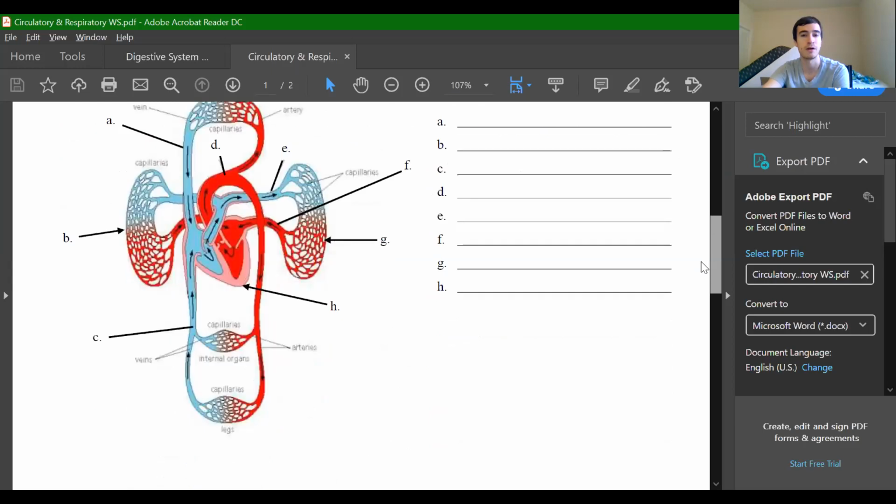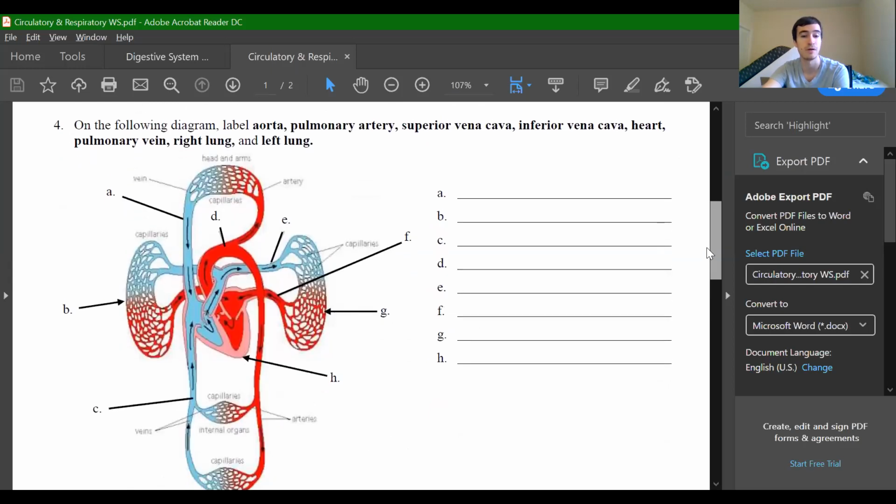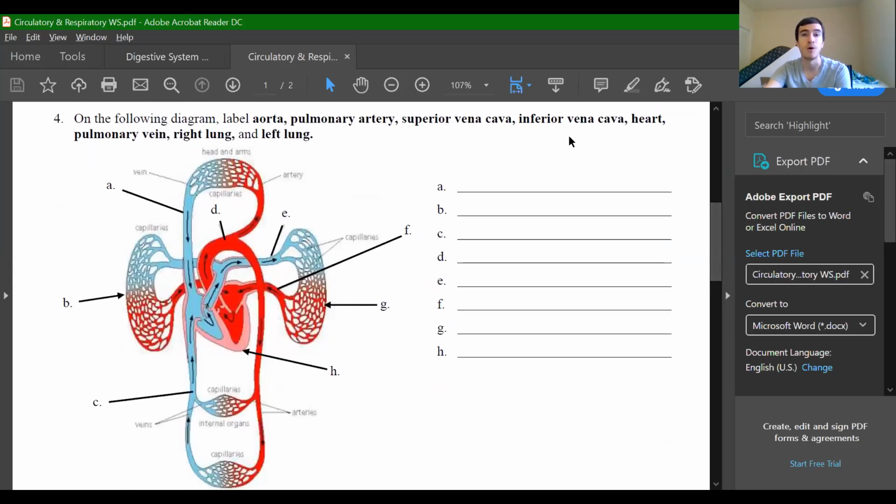The second part of this worksheet is another set of labeling, only this time it's asking you to label different blood vessels. So instead of different parts of the heart, on this diagram, we're not going to label any arteries, or no, excuse me, you are going to be labeling arteries and veins, not so much the atria and ventricle.